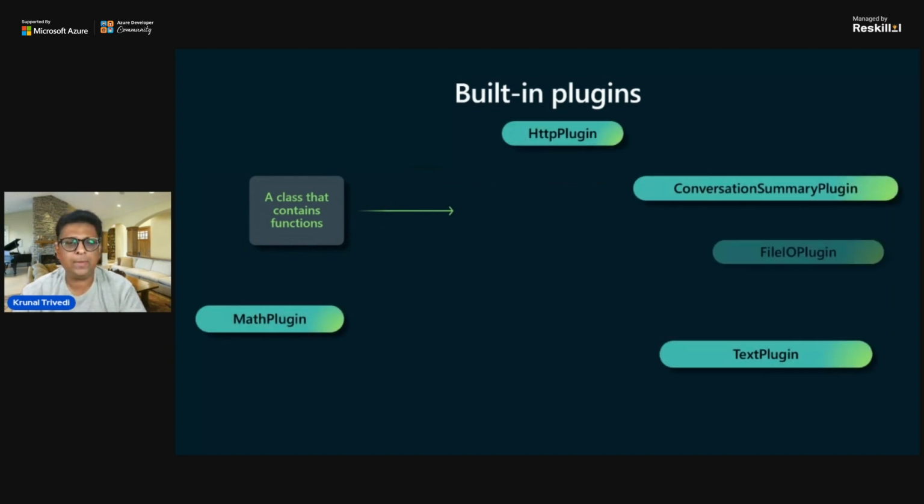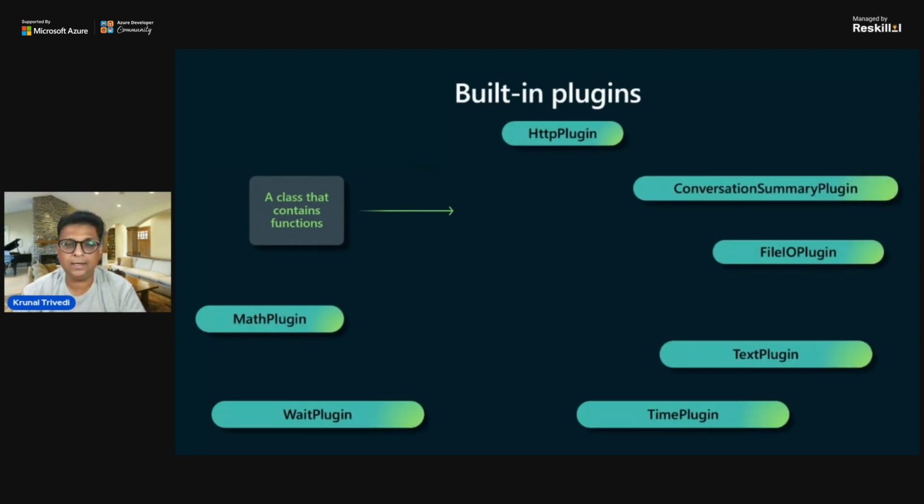It is like the HTML plugin, conversation summary plugin, text plugin, time plugin, file IO plugin, math plugin, wait plugin. Various plugins are there. Again, to work with these plugins, you need to add a package, the .NET Microsoft Semantic Kernel plugins core package, and then you get various plugins.